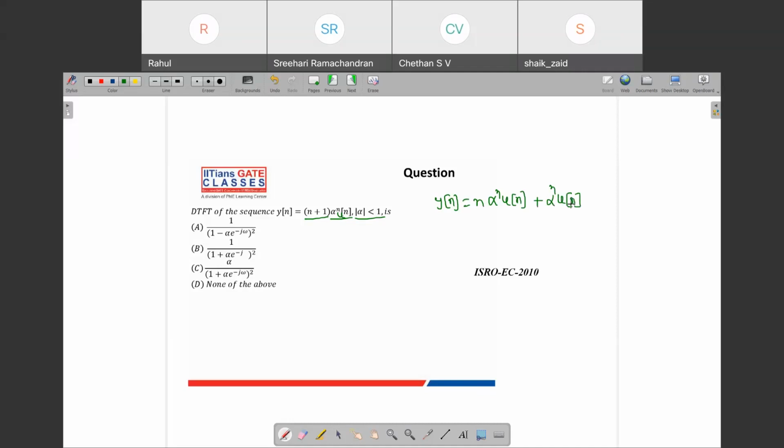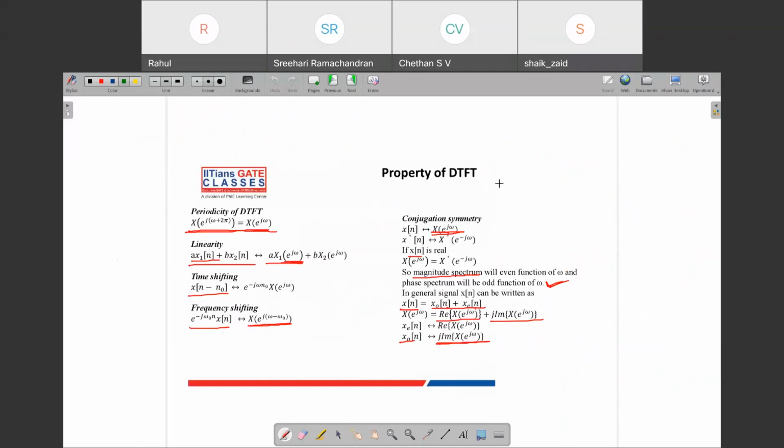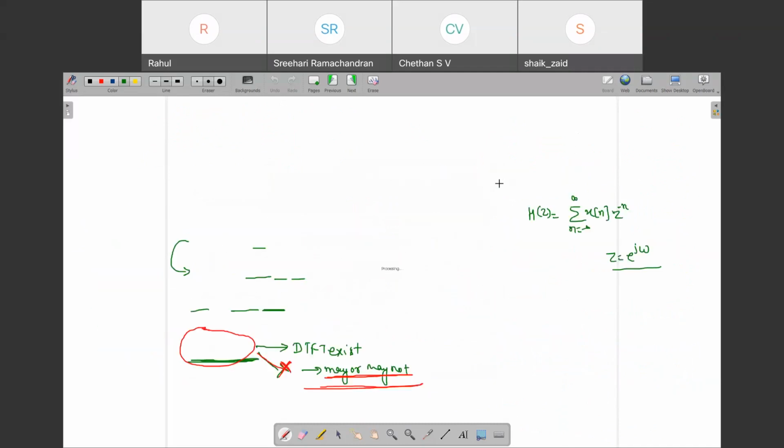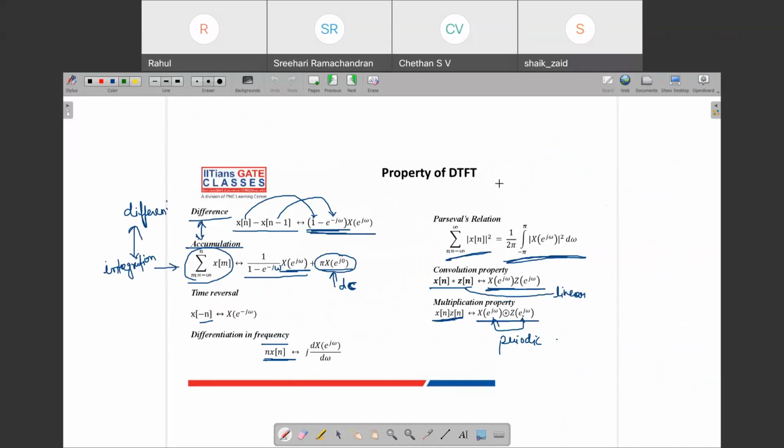You can divide this signal into two parts. This one we already know the DTFT. For the second one, you need to apply some property to find the DTFT. Here in the time domain we are multiplying by n, so in the frequency domain we will be doing differentiation with respect to omega. So we are using this property: differentiation in the frequency domain and multiplication by n in the time domain.